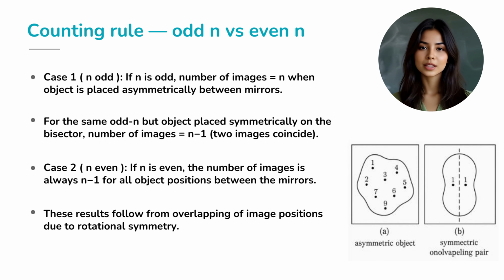Case 2. If n is even, no matter where you put the object, the number of images will always be n-1. So symmetry is like a referee, it decides whether some images merge together or not. And that's why sometimes your reflection team loses a member.